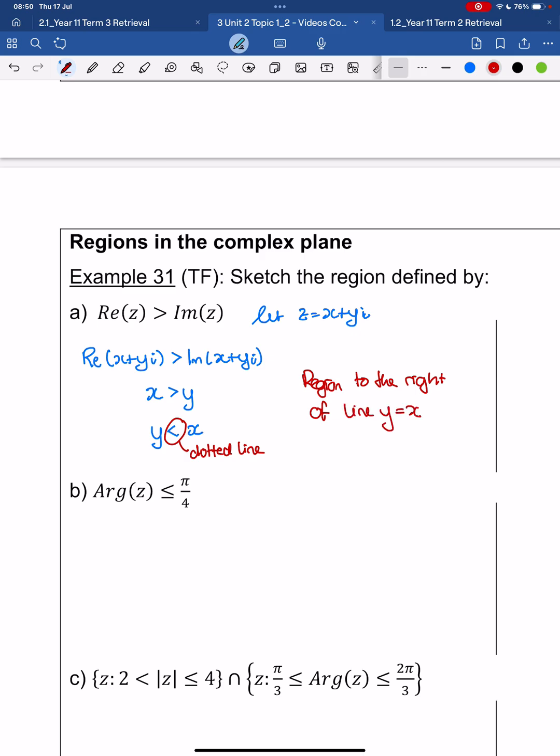So if I put an equality between those two, so just said y equals x, that's my line, and then I need to fill in the above or below the line that will define everywhere on that whole Cartesian plane where y is less than x.